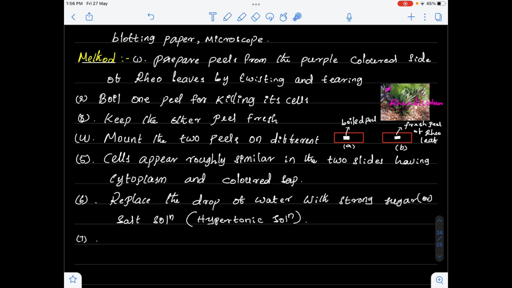Here, after spreading the boiled peel on glass slide A and the fresh peel of rheo on glass slide B, we should cover them with cover slips. And so what should we do? We should replace the drop of water with a strong sugar or salt solution. And for this, what should we do?